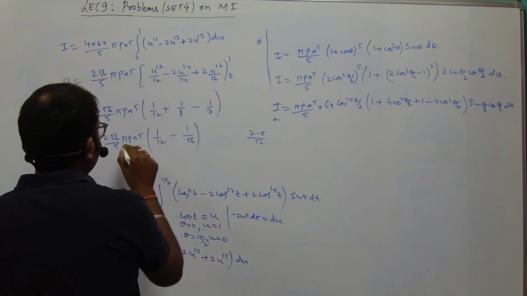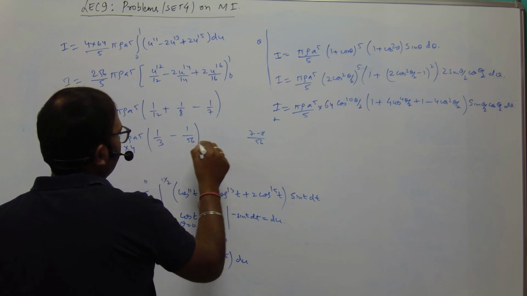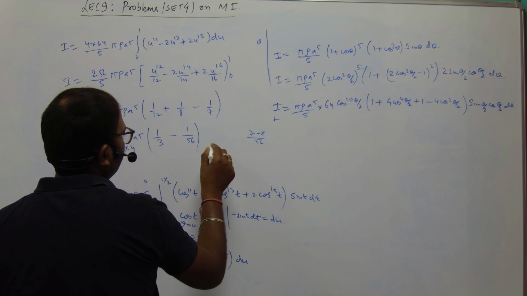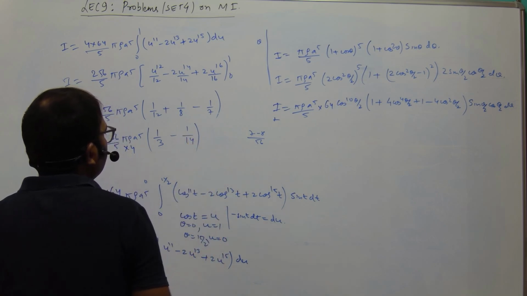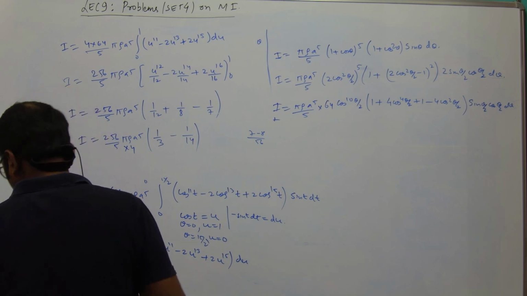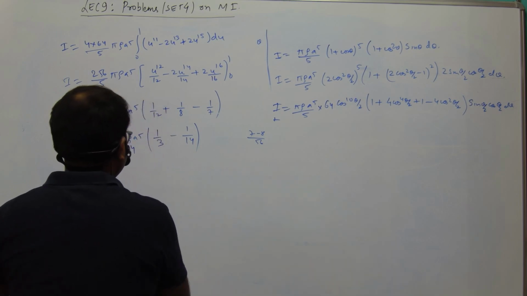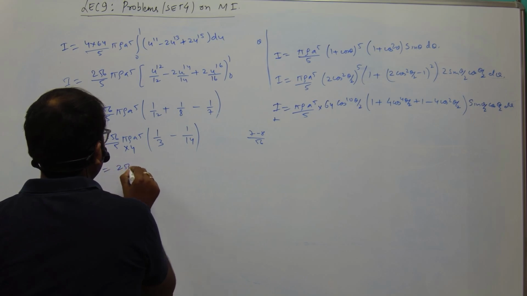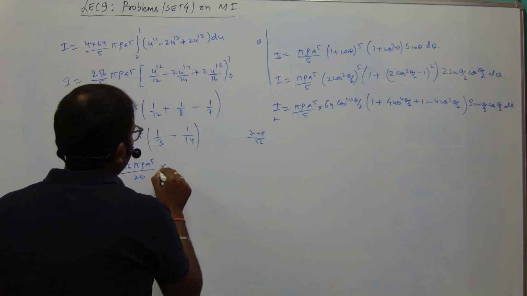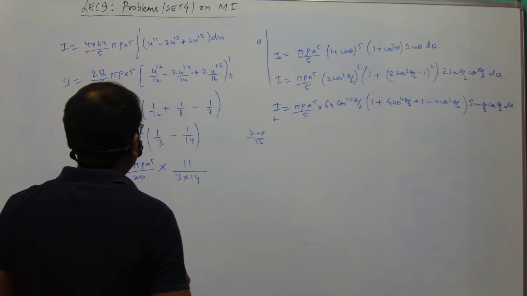4 we can take out here. This is 3, 4. This is 14. Okay, so 14 minus 3 is 11. This we can further simplify as I is equal to 256 pi rho a^5 upon 20 into, this is 3 into 14, this is 11.